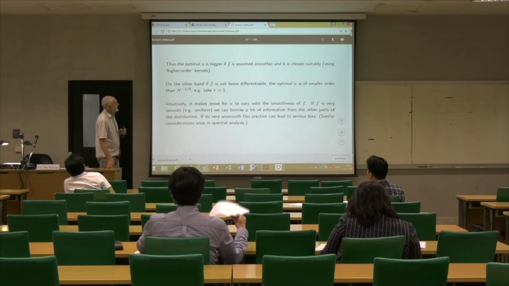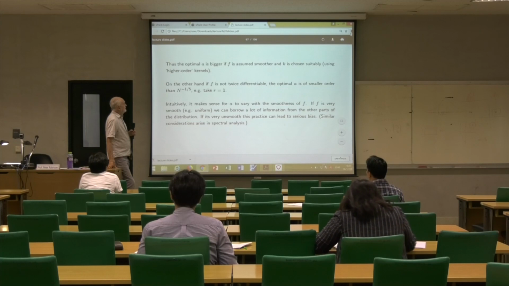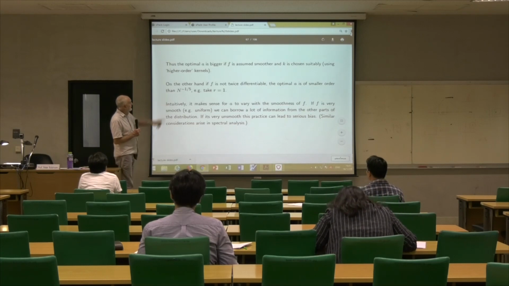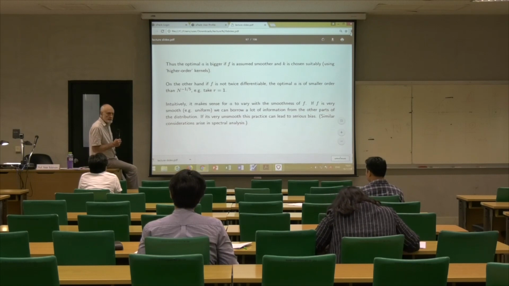On the other hand, you can even choose an a of smaller order. For example, R equals 1, then you get a rate of n to the -1/3, which actually does sometimes arise naturally in other cases I've found in my research.